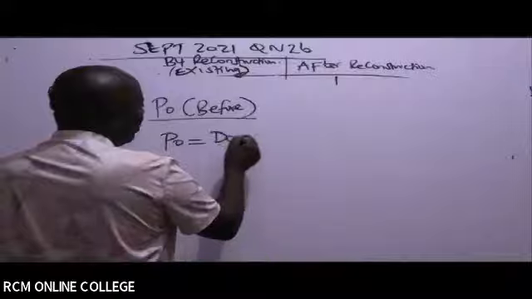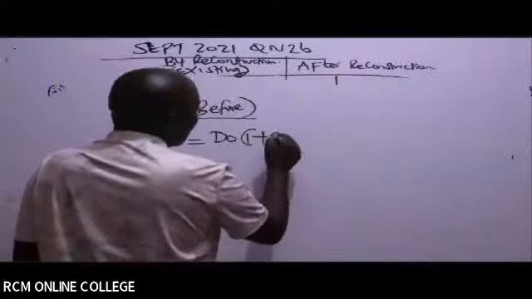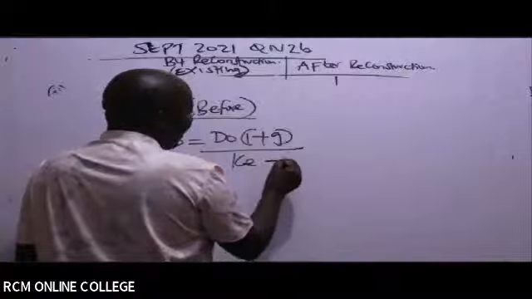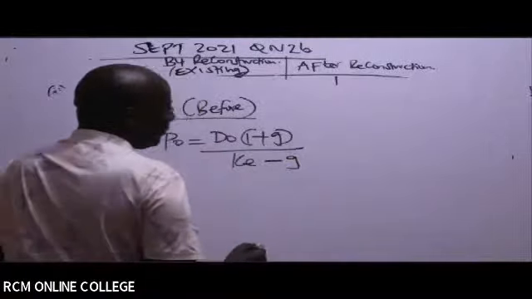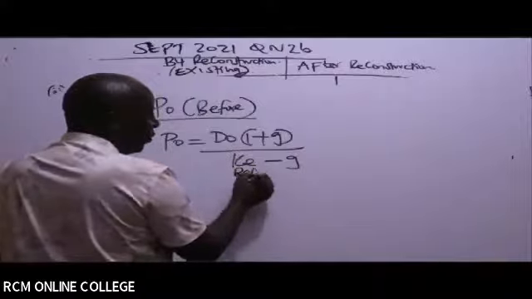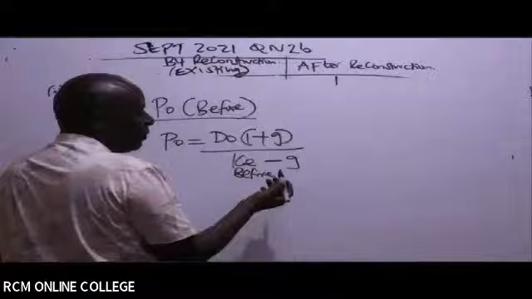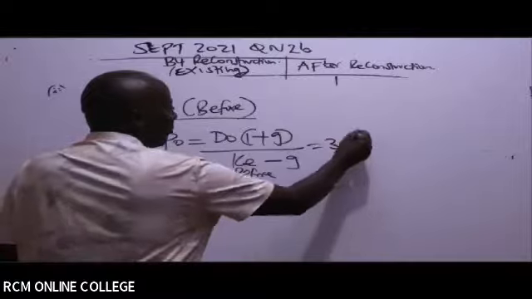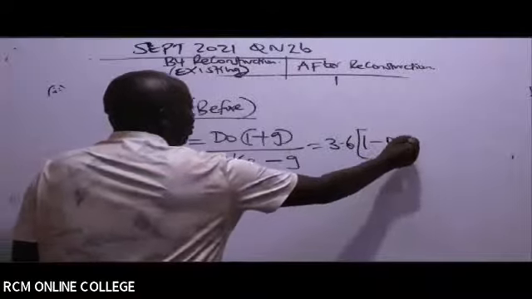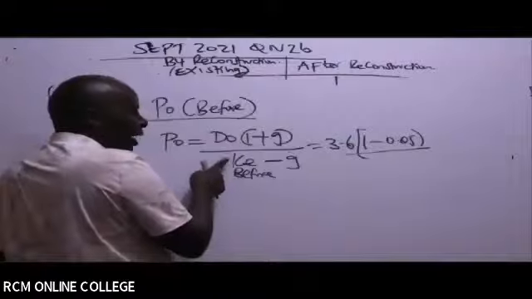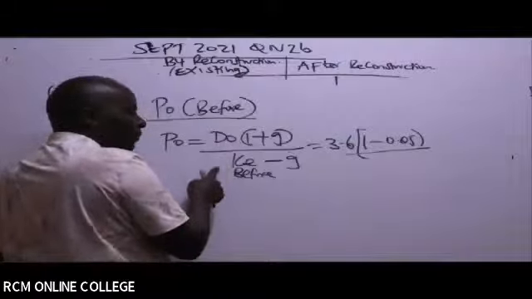So this will be D0, current dividends, times 1 plus G, all over cost of equity minus G. Remember, we shall use KE before, so this KE will be the only one having the before tag. Do we still remember D0 is 3.6, times 1 plus the growth rate, 0.05, all over KE before?